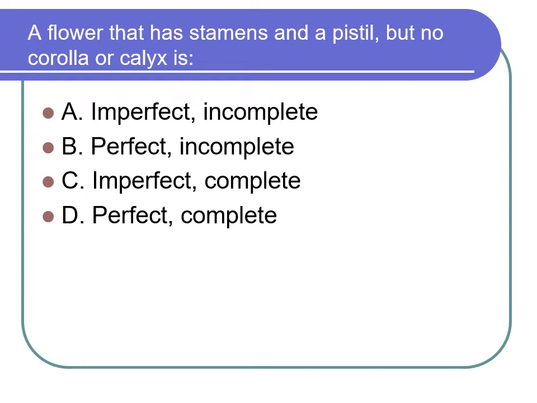Does it have both male and female parts? The question says it has stamens and a pistil, so it has both. So it is incomplete and perfect. Perfect because it has both genders, incomplete because it's missing both the corolla and the calyx.